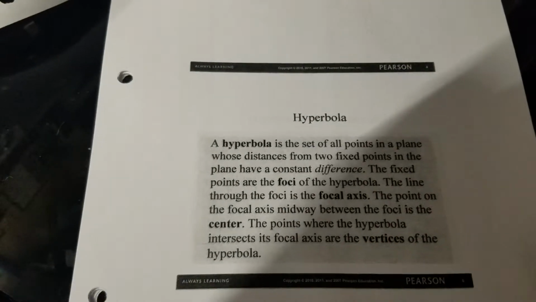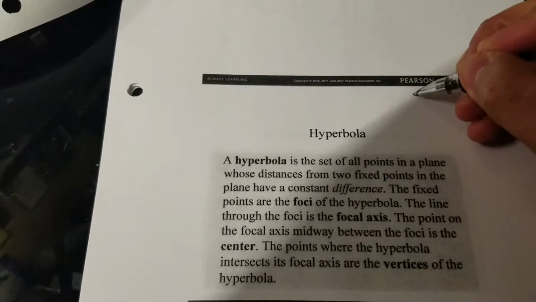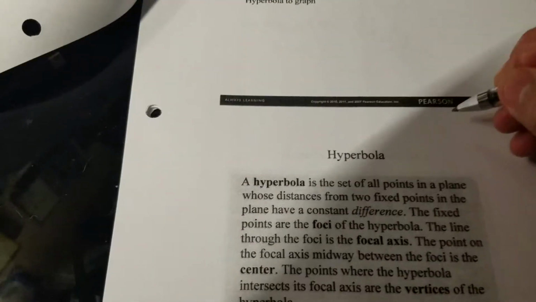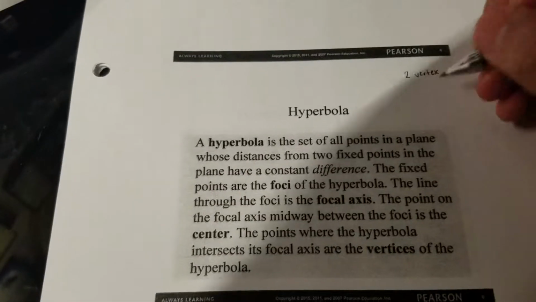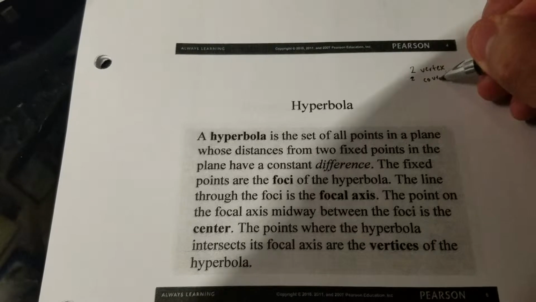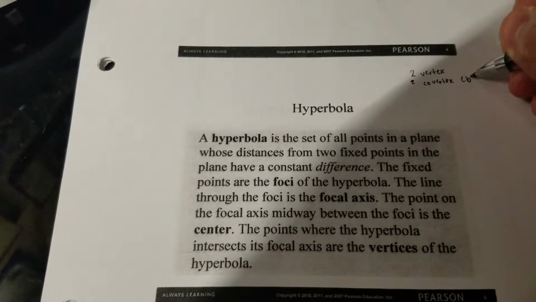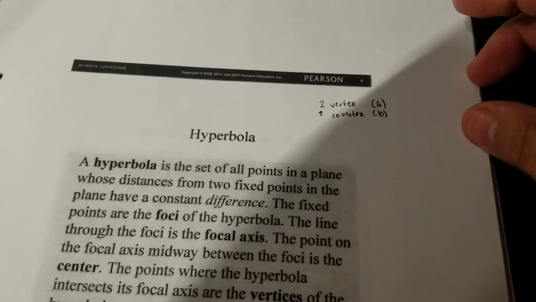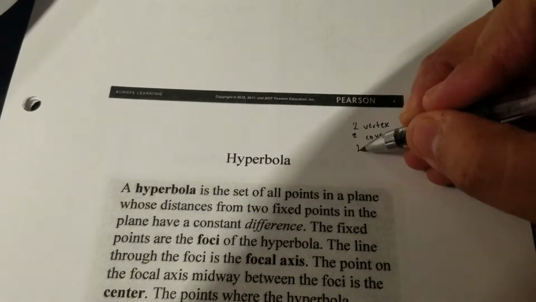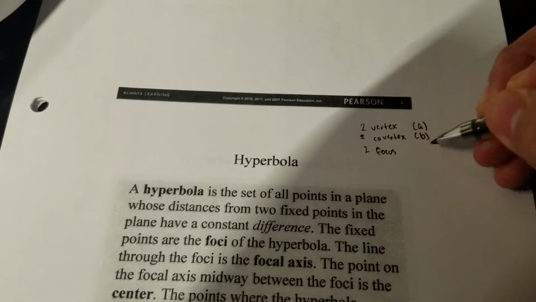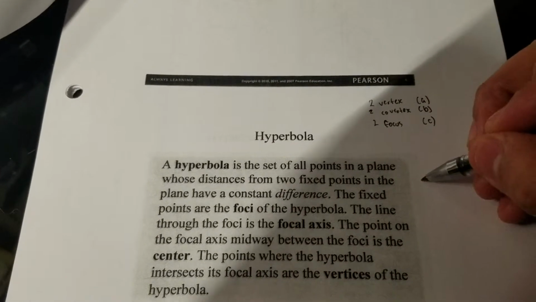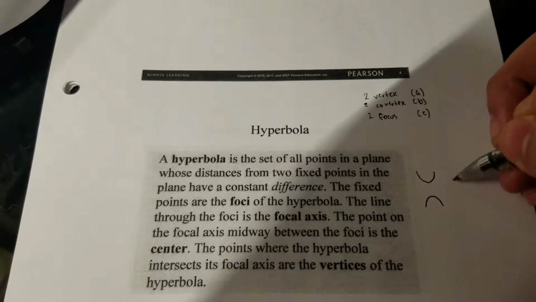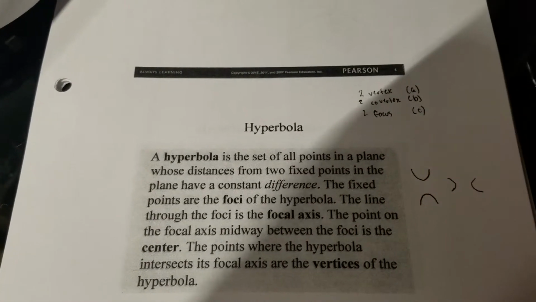So the last shape that we're going to be talking about is a hyperbola, and very similar to the ellipse, I'm going to have two vertices, two co-vertices, which we know is B, the vertices is A, and two focuses, two foci, which I know that value is C. Just so we know, hyperbolas either look like this or like this, kind of like two parabolas.